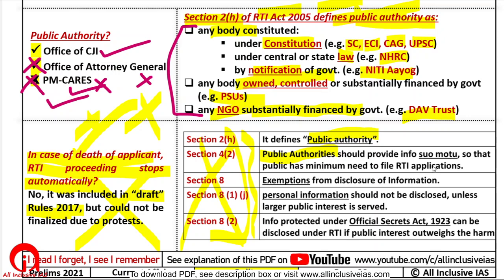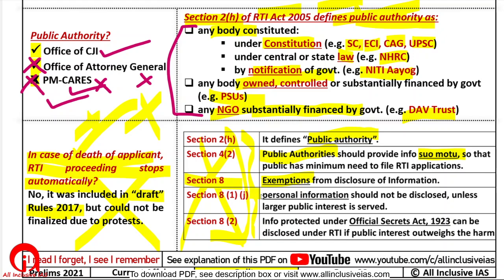They should not wait for someone to file an RTI. There is some kind of information which they should automatically provide by themselves. They should put most of the information on their website so that there are fewer RTI applications, right? Some exemptions, that is, the cases in which RTI is not applicable, are given in Section 8.